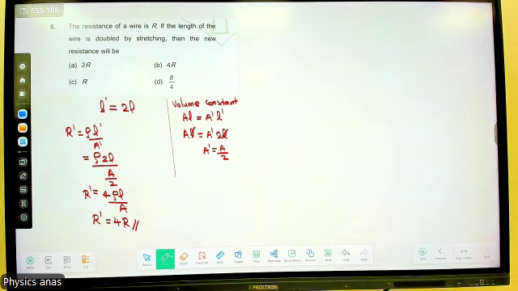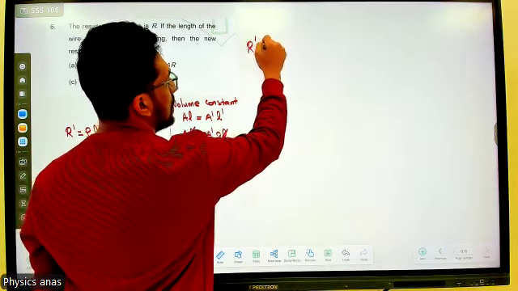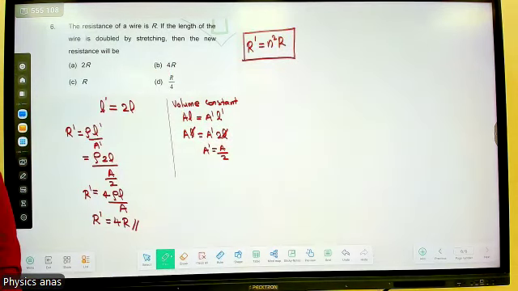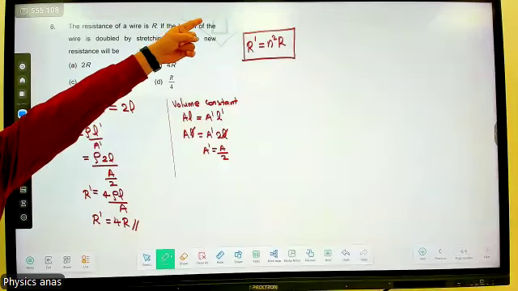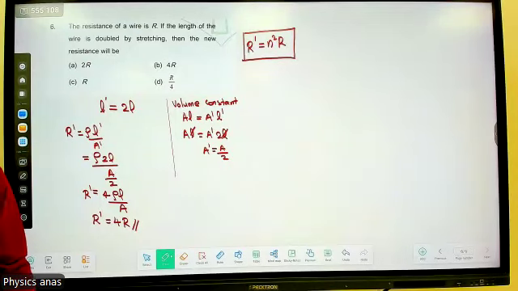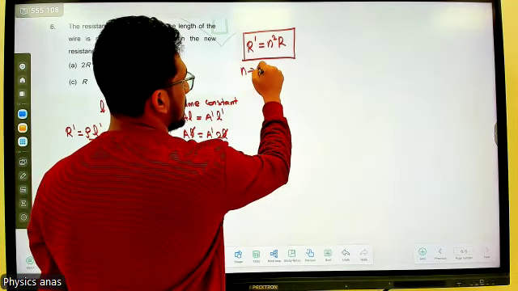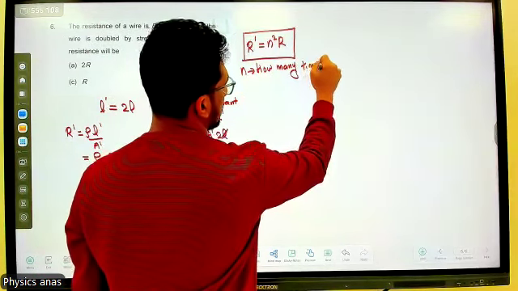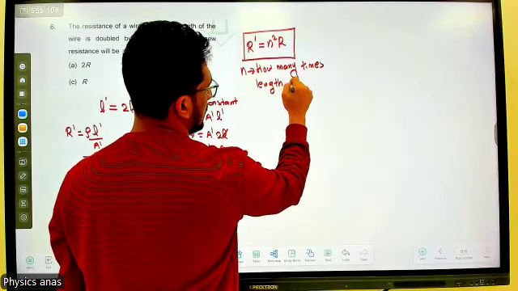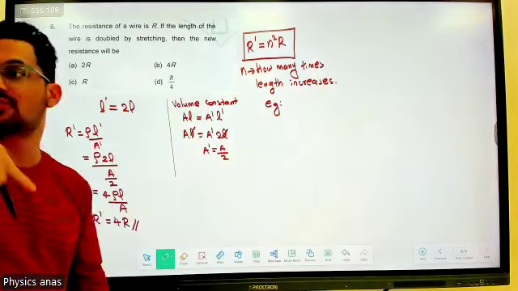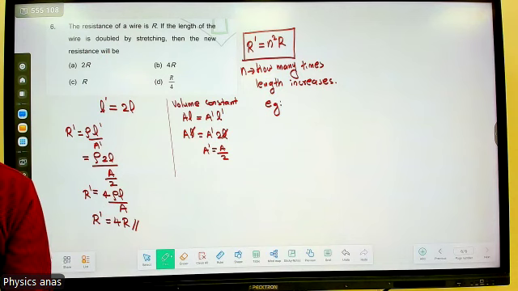So you can use a simpler equation: R dash is equal to n square times R. Such a type of question can be done by R dash is equal to n square times R. What is this n? n is how many times the length increases. If length increases 2 times, then 2 square, that is 4R.